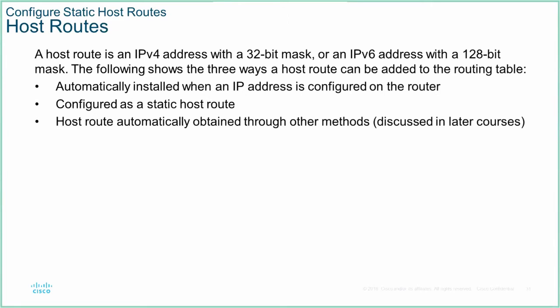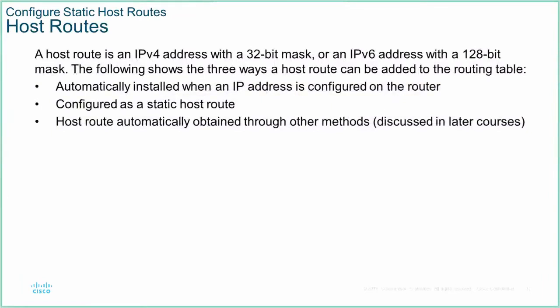So basically, these are the local addresses that are configured automatically. They can also be used to configure static routes, and they can also be used by dynamic routing protocols, which we will go through in another module.